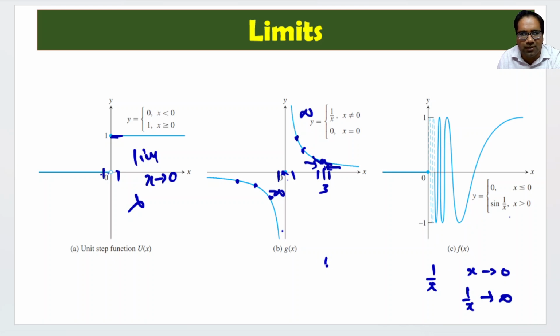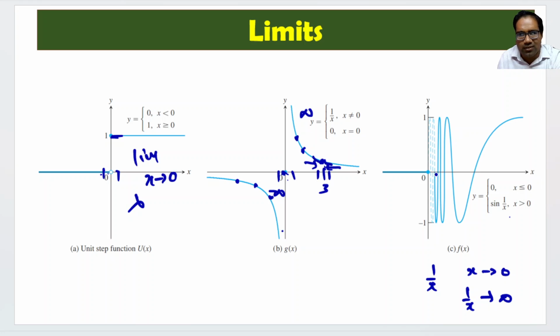For example, sine 200, sine 201, sine 202, or sine 5000. The number fluctuates a lot. Sine always remains between 1 and minus 1. But if you draw this graph, as x approaches 0, it will fluctuate a lot.